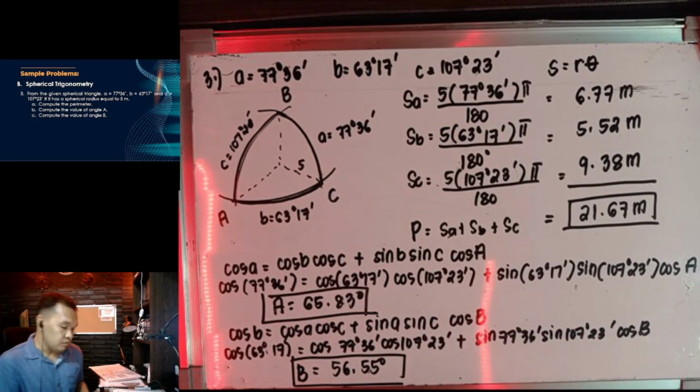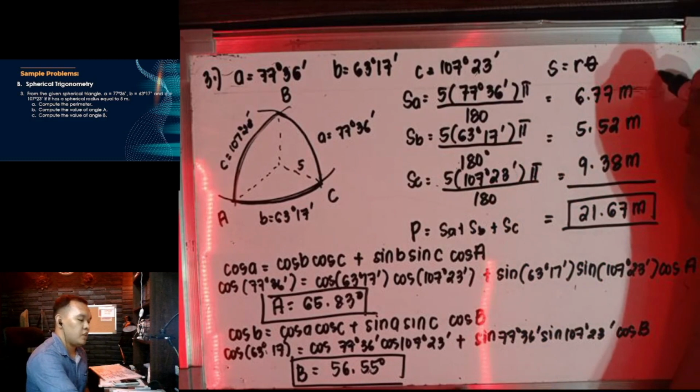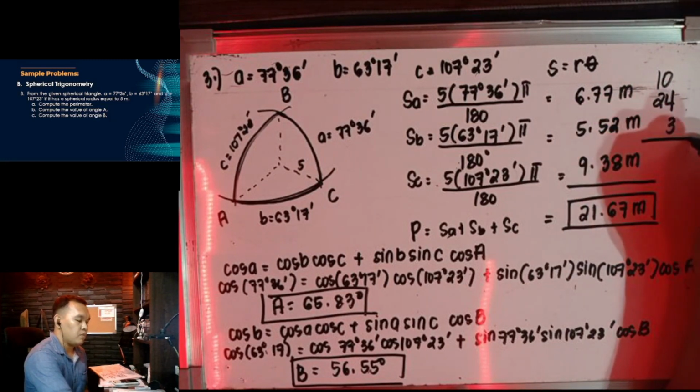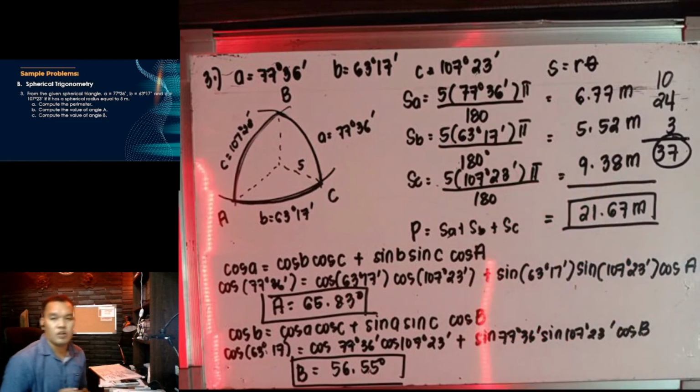Okay? So, I do hope na ito ay nasundan ninyo. So, madami tayo na-solve na problem. So, first is yung 10 na pampagana. Tapos, meron tayong 24. Plus, meron tayong tatlong problem. So, we have here 37 problems all in all na na-solve natin. No?